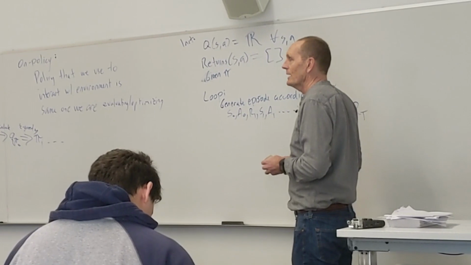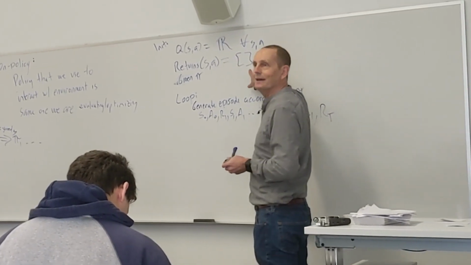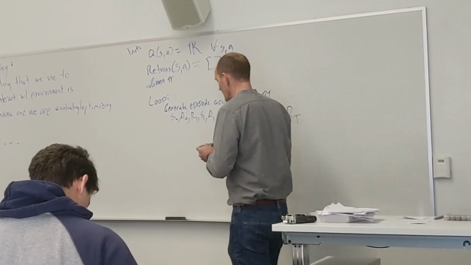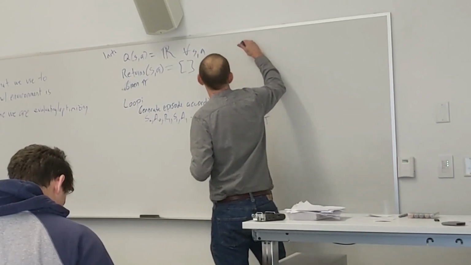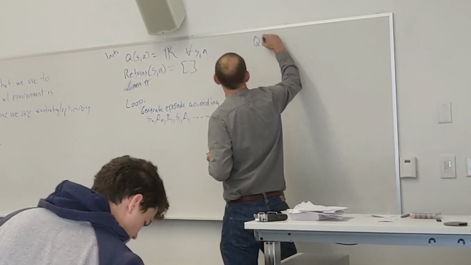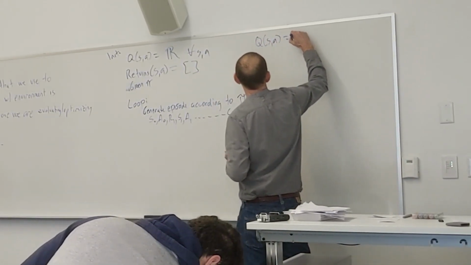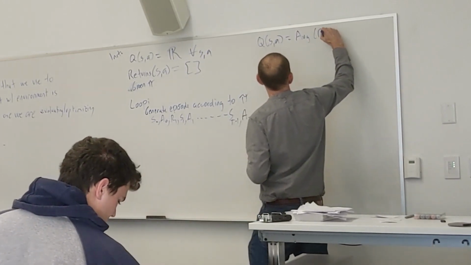Sounds good. Okay, and Q is just going to be an average of the returns, right? So as a hint for what's coming up, Q of SA is going to be the average of returns.